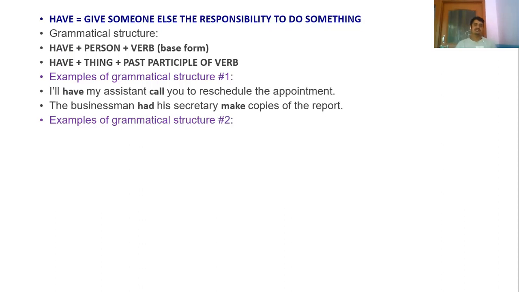Examples of grammatical structure 2. Dear students, structure 2 means have plus thing plus past participle, or causative verb have followed by things, or we may say objects too. I'm going to have my hair cut tomorrow. My hair means this object.